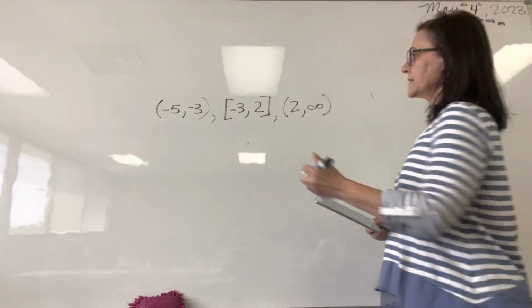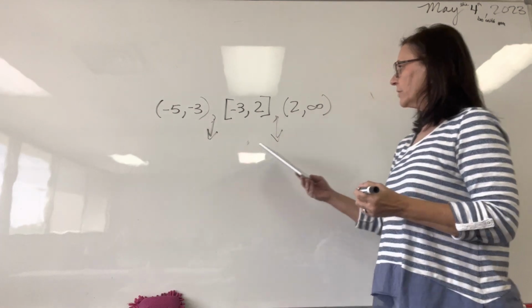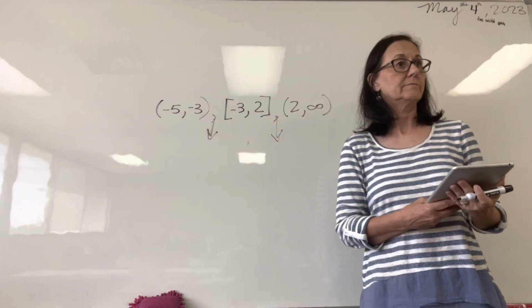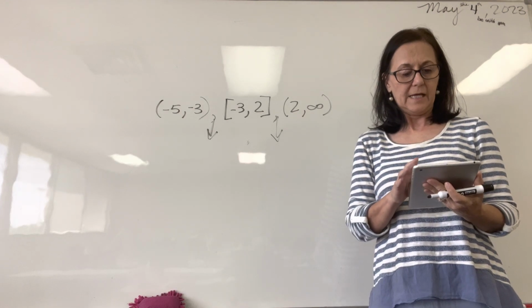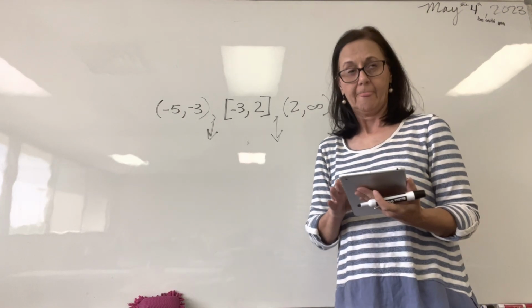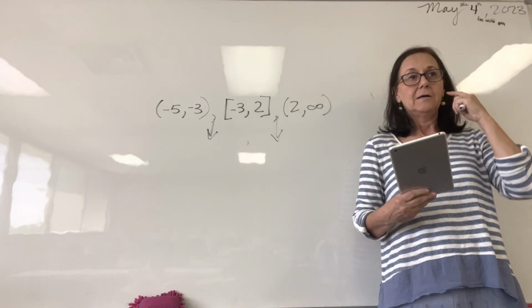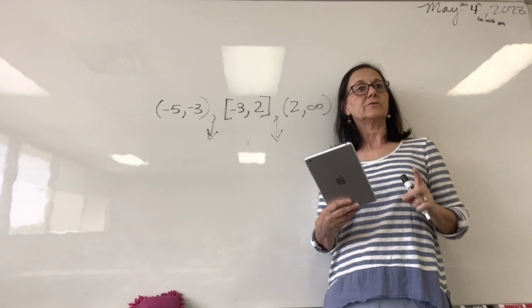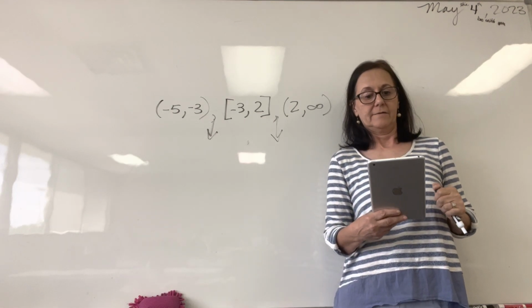So the 2 points right here are where it's discontinuous: at x equals -3 and at x equals 2. Make sense? What do you mean by discontinuous? Where it breaks off? Discontinuous means I have to lift my pencil. Okay. Yes.